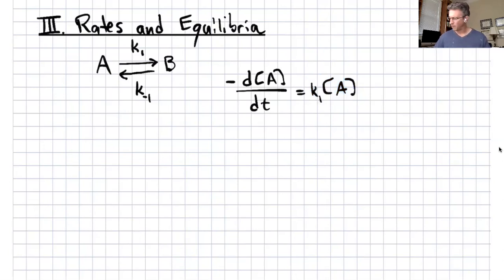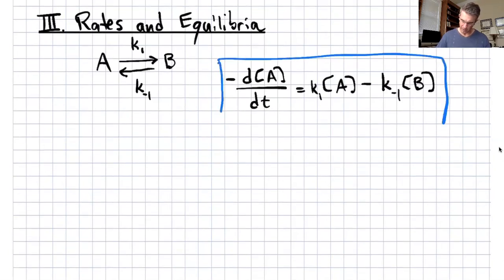We're also making it, which means our overall expression now has got to be equal to minus k minus 1 concentration of B. It's minus, because the first part, that k1 times A, is the rate at which A is disappearing. We have to subtract from that the rate at which we're making A, which would be that unimolecular k sub minus 1 times the concentration of B we've got. Okay, so that's our next new rate equation.